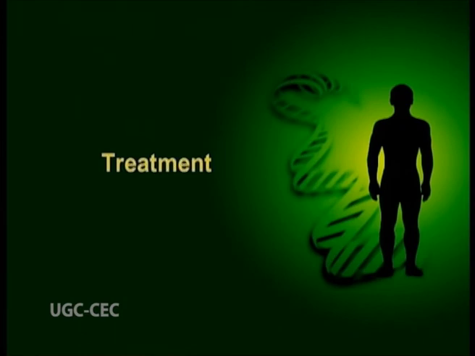So, that is associated with male infertility. So, this is an example which shows where there can be a deletion and duplication in the sex chromosome, which again leads to infertility and ambiguous genitalia.